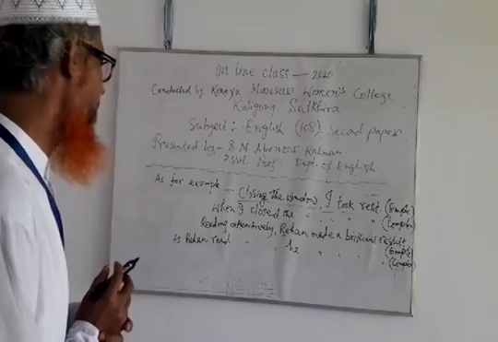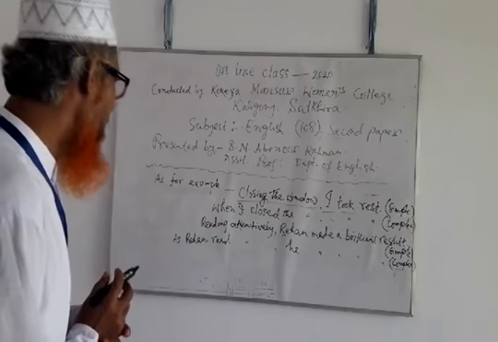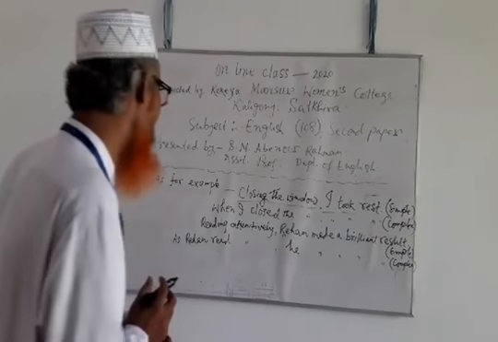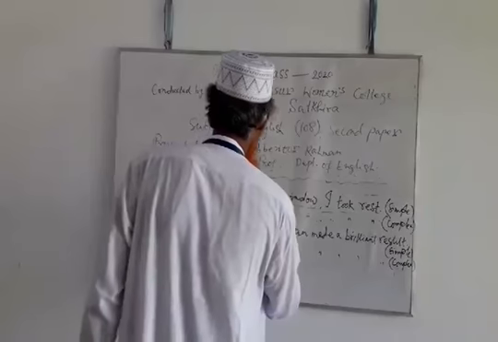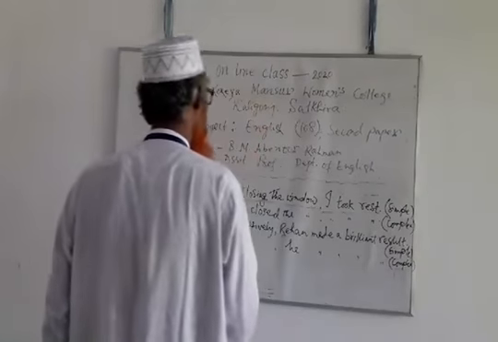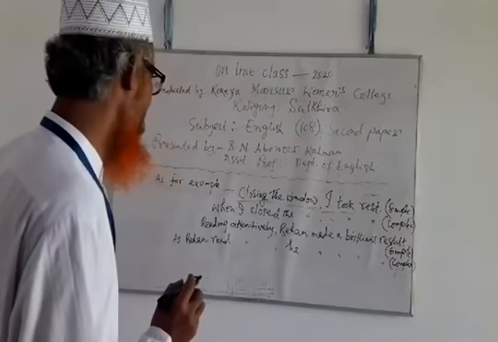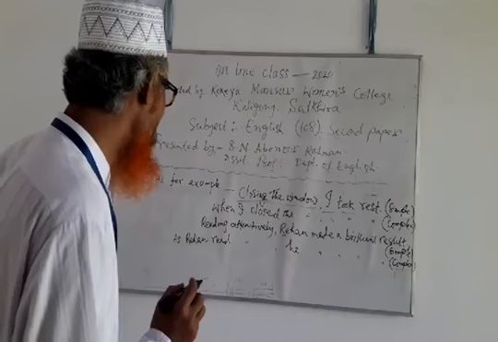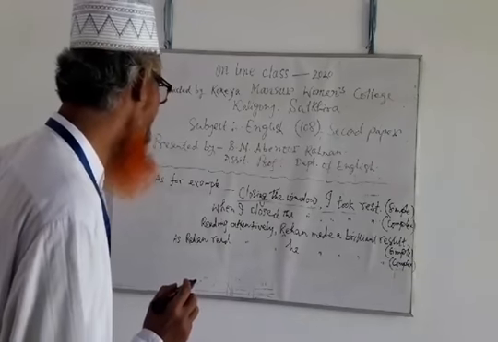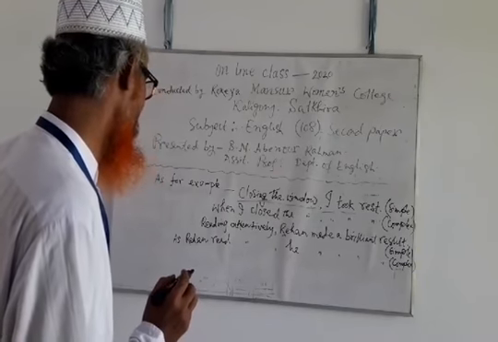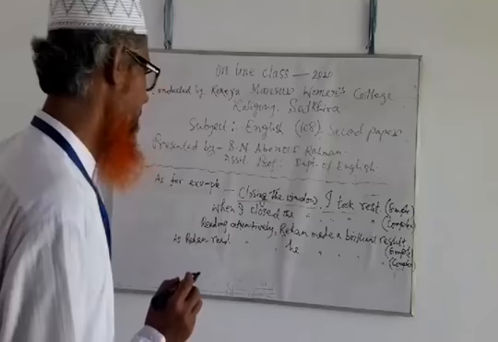And for the verb, we have to drop ing from the participle, and it will turn into the past form of the verb in the complex sentence.